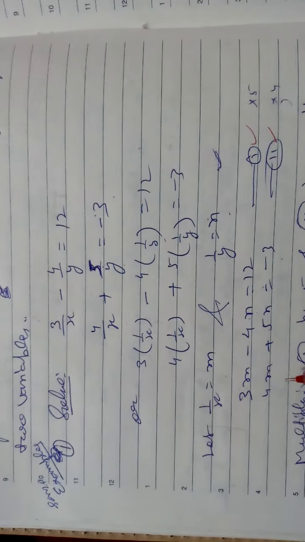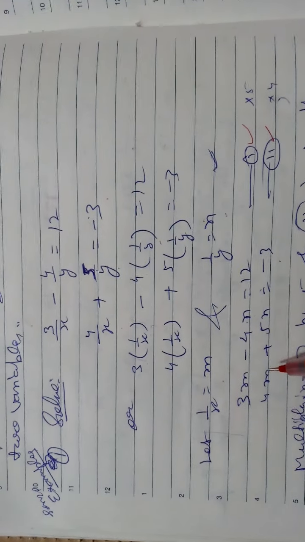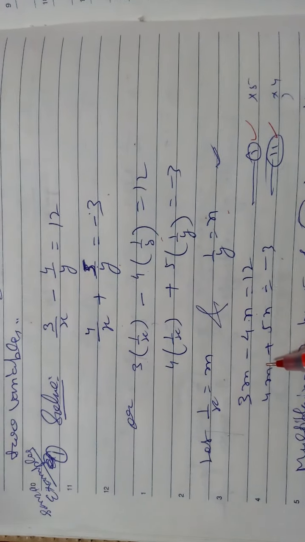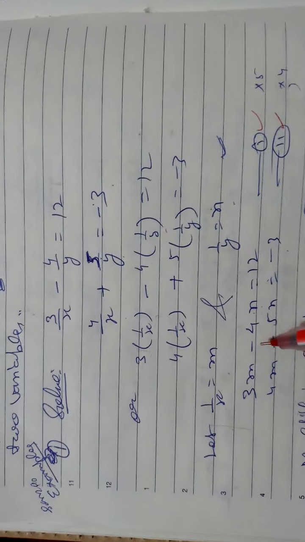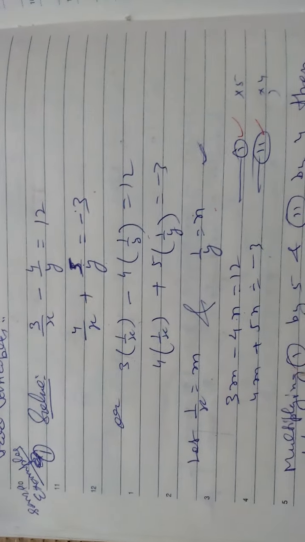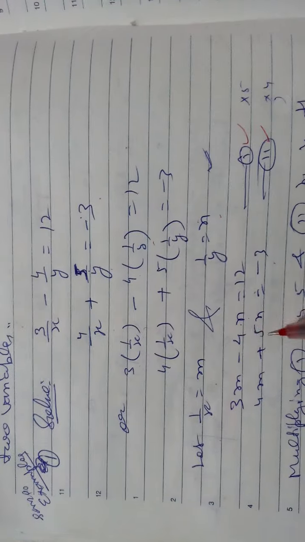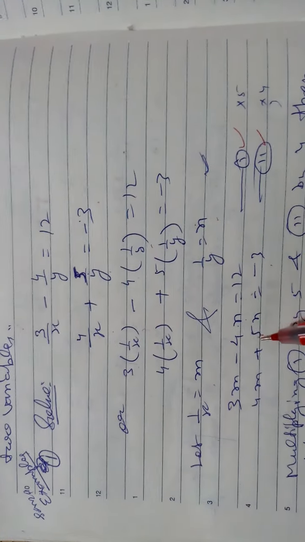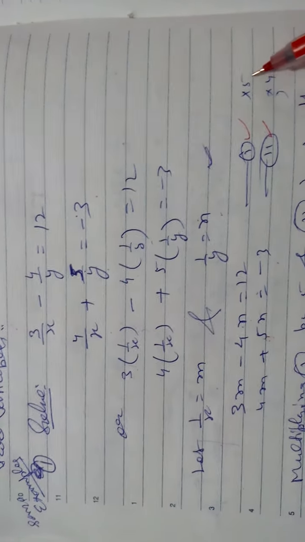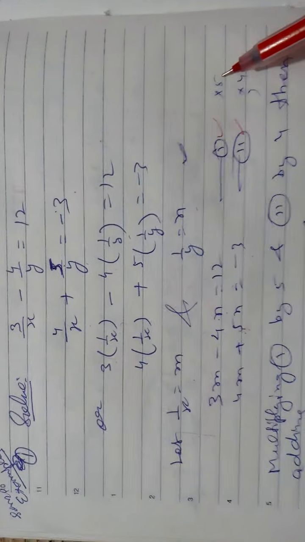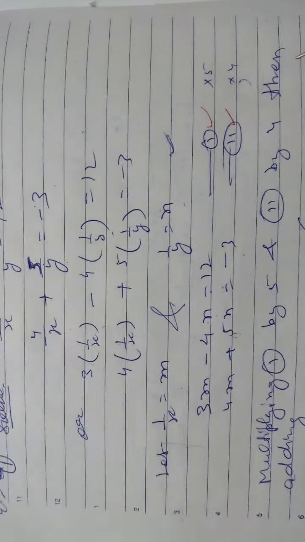After this you can adopt any algebraic method, that is substitution method, elimination method or cross multiplication method. I am solving it by elimination method. So 4 and 5 have opposite signs, so if we equate these two, then by adding they will be cancelled. So multiply first by 5 and second by 4 and add, because of opposite signs.